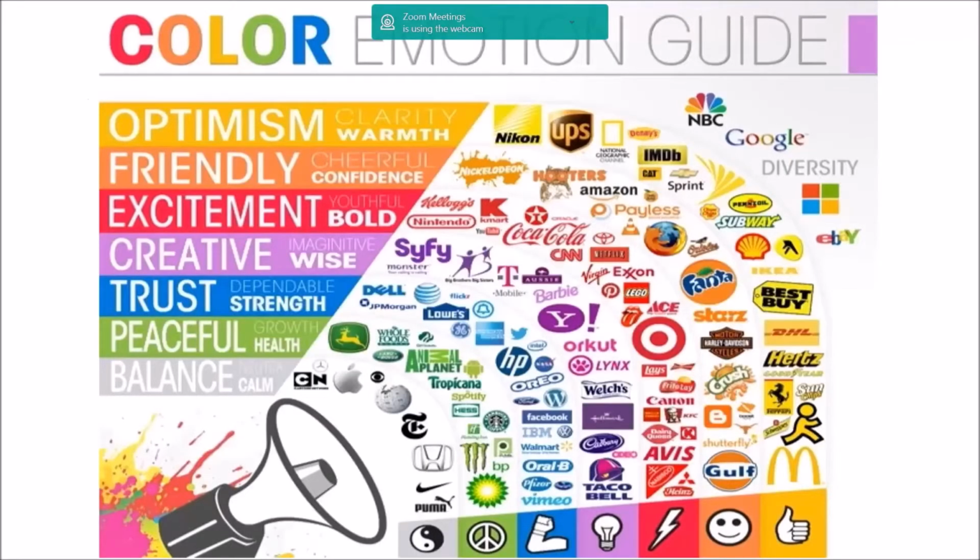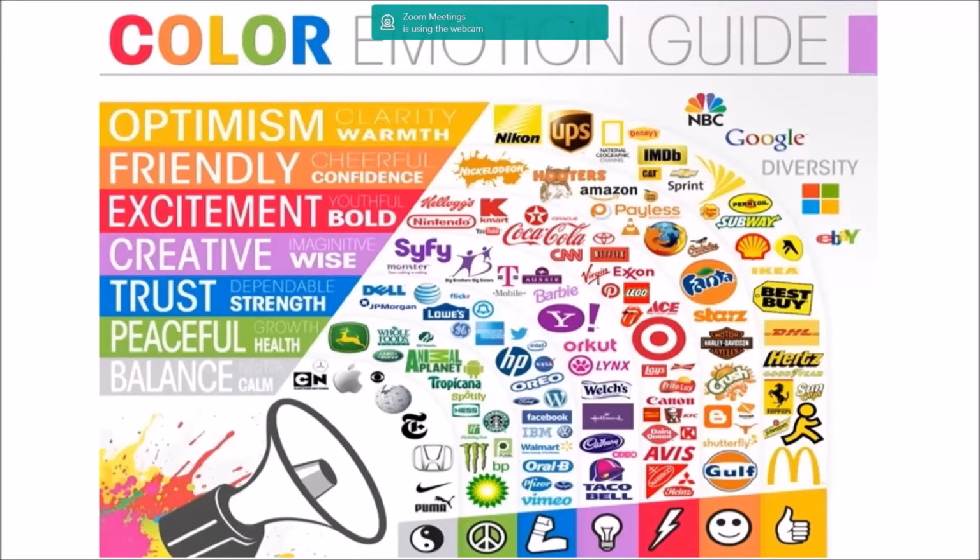So what does color say? Color yellow would say you're very optimistic, very warm. And many companies have kept that as their logo color. And sometimes you will see the color orange or peach. That means they are friendly, cheerful, they're very confident. You see them wear red.